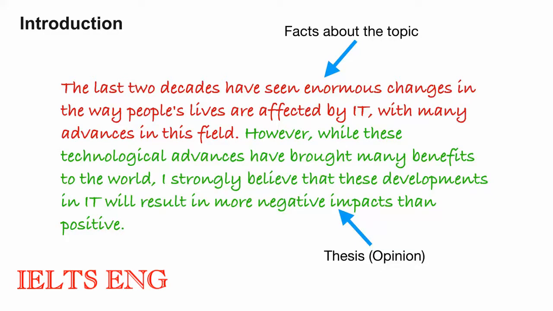So for this one, it's an agree-disagree essay. The person is saying they strongly believe these developments in IT will result in more negative impacts than positive. Of course, if you've got a different essay such as problems and solutions, then you will be saying these are the problems and these are the solutions. So obviously this will vary depending on the essay type.